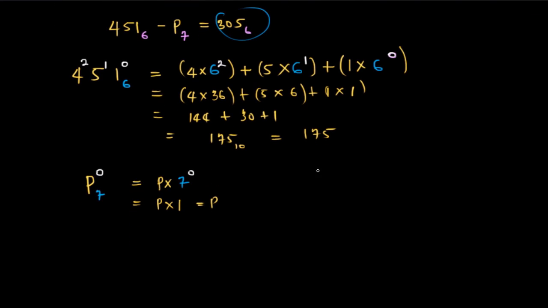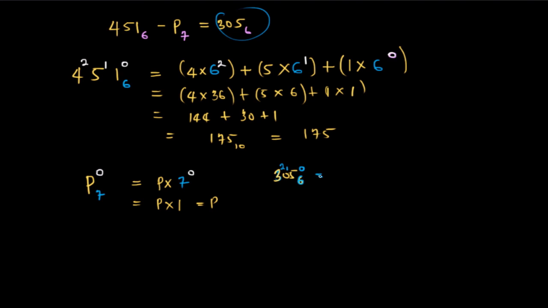So we could just run along and do the same thing for 305 to the base 6. You could just begin by labeling the positions: 0, 1 and 2.